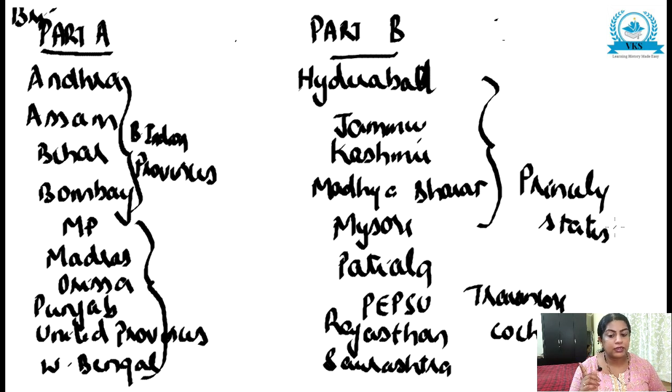Part A states Andhra, Assam, Bihar, Bombay, Madhya Pradesh, Madras, Orissa, Punjab, United Provinces and West Bengal were the British Indian provinces, and Part B states, that is Hyderabad, Jammu and Kashmir, Madhya Bharat, Mysore, Patiala, PEPSU, Rajasthan, Saurashtra, Travancore and Cochin, all these were the princely states.